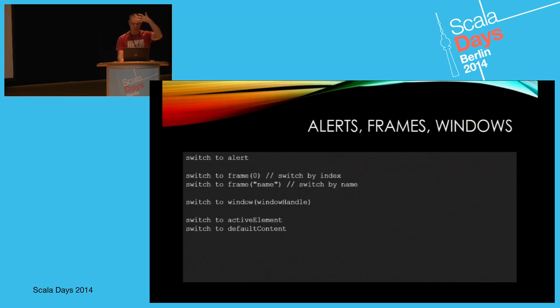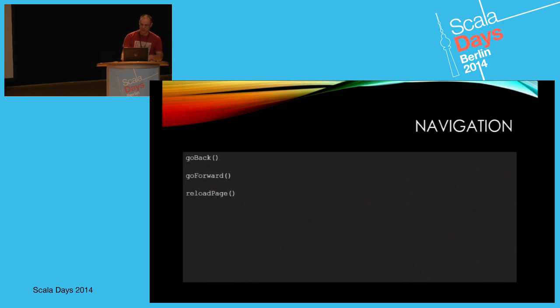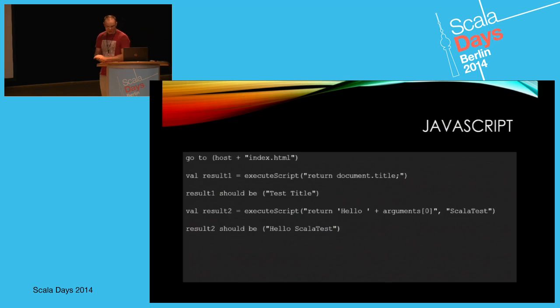So if you have a pop-up alert, you can switch to that, and you can click on the OK on the alert, etc. You can move backwards and forwards. You can execute arbitrary JavaScript in the context of a particular page. So for instance, the second line there, we're returning document.title, so it will return you the title for that document.